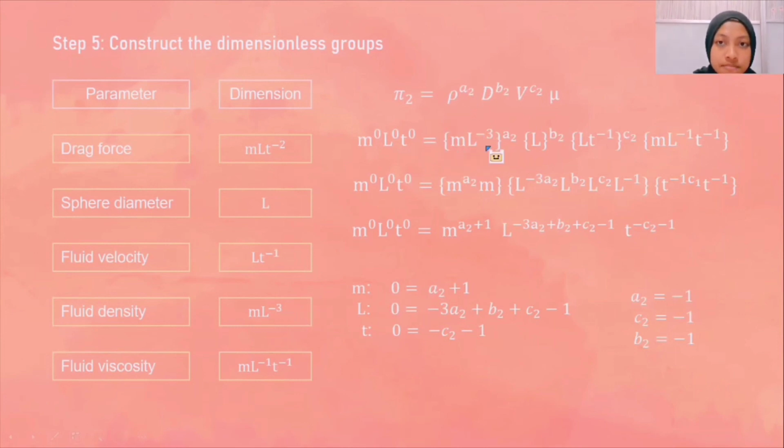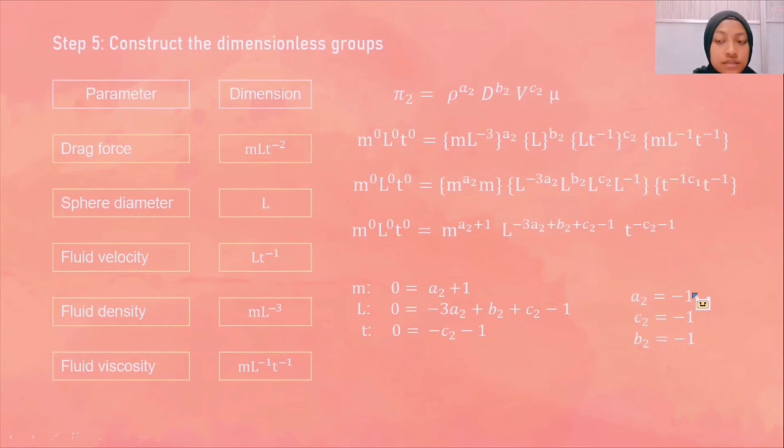And then we replace d with its dimension, v with its dimension, and mu with its dimension. And then we rearrange this by its dimension. And then we sum up the power for each dimension. And we got three equations with three unknowns, and we can easily get the values.